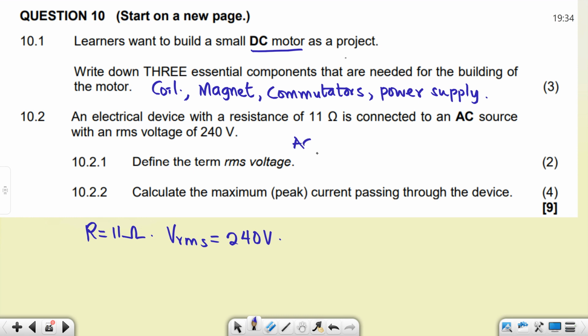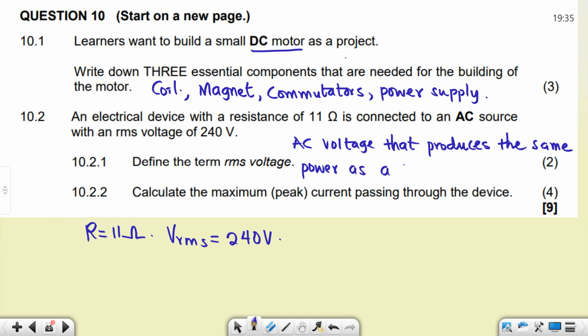It is the AC voltage that produces the same power as a DC voltage.